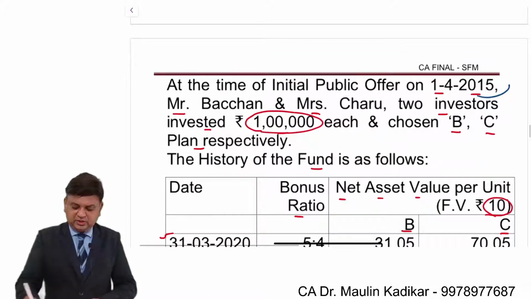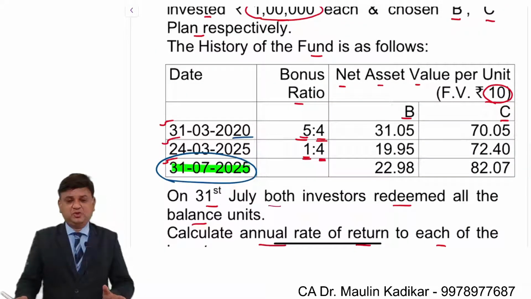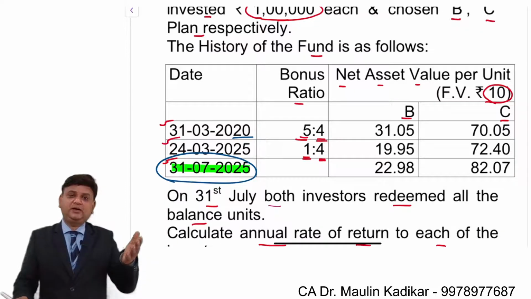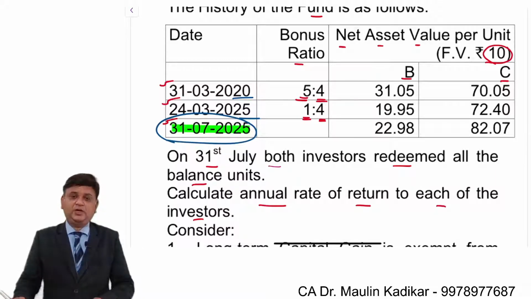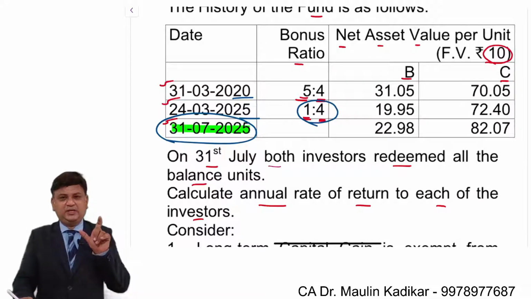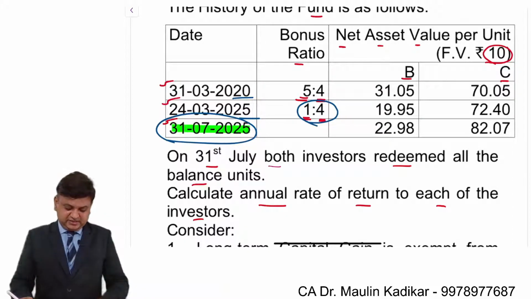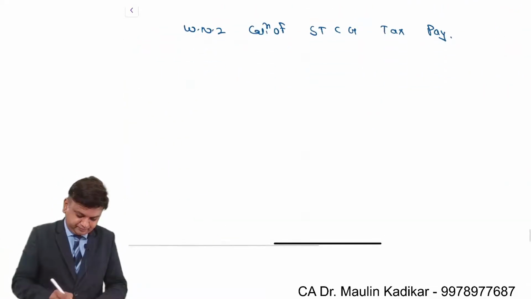Initially, the units allotted in 2015, then 2020. So both number of units are say before 1 year. However, this number of units have been allotted within last 1 year. So the units allotted, say for the last year, that is within this 1 year, is subject to capital gain tax. So over here we are required to consider like this.